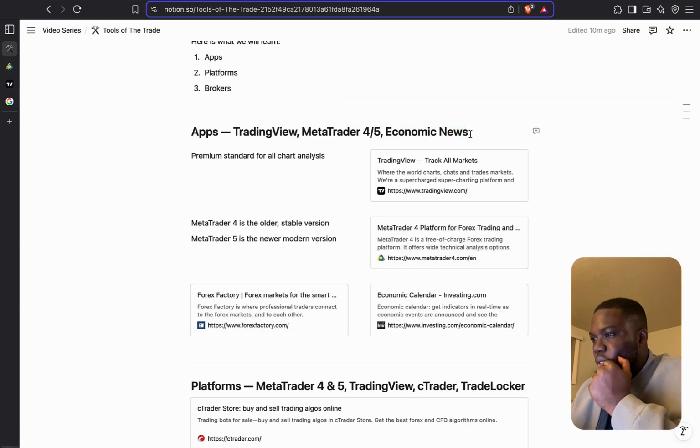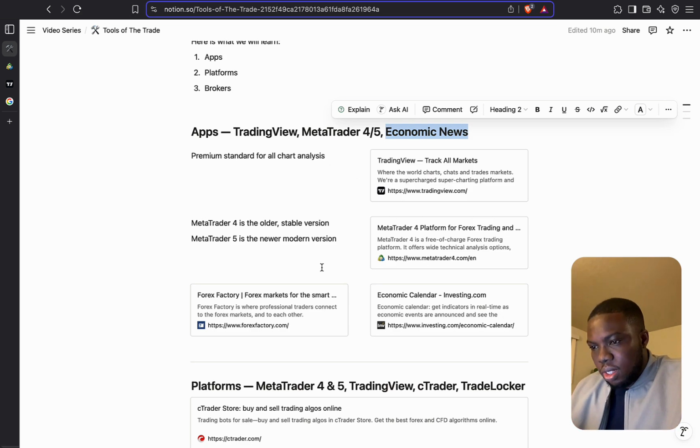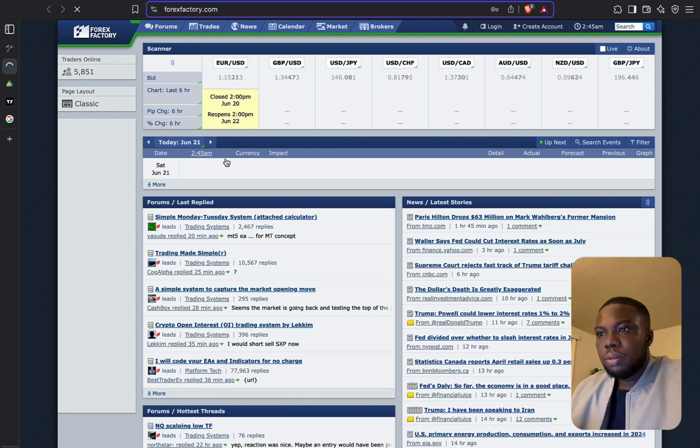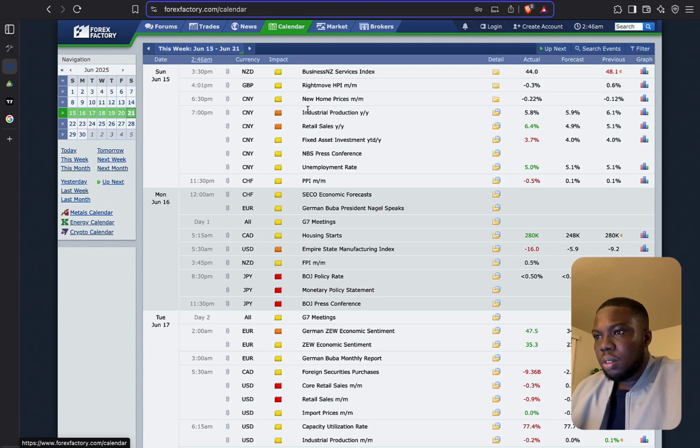And then we have places for economic news. Now, why is economic news important? Economic news is important because as traders, things that happen in the economy affect our trades. There are two places that most people get their news from. First is Forex Factory, and the second is investing.com. So Forex Factory, at the top here, calendar.